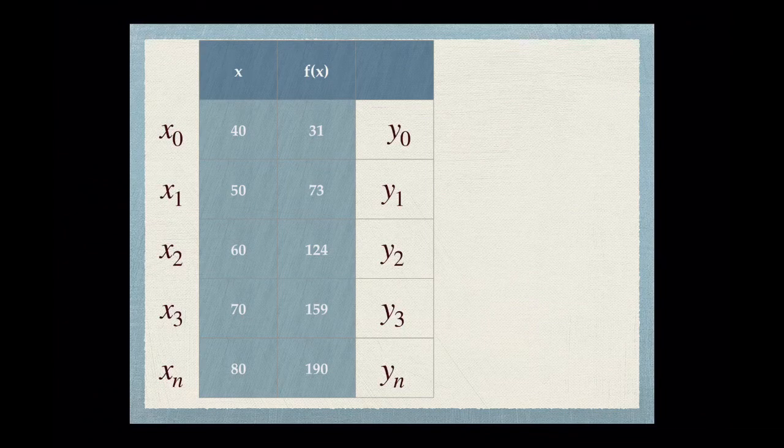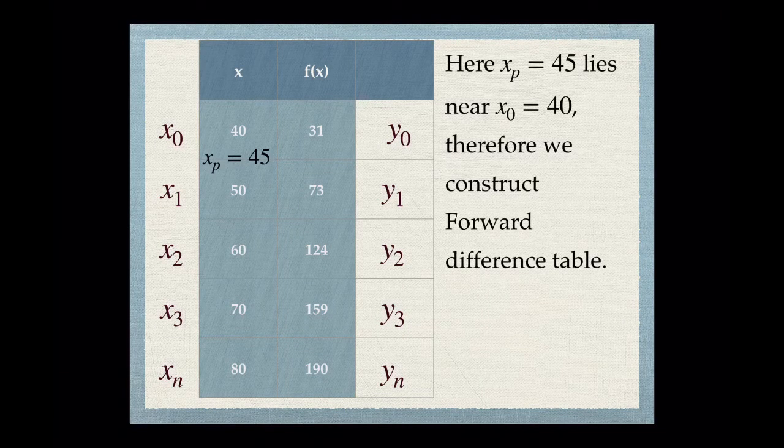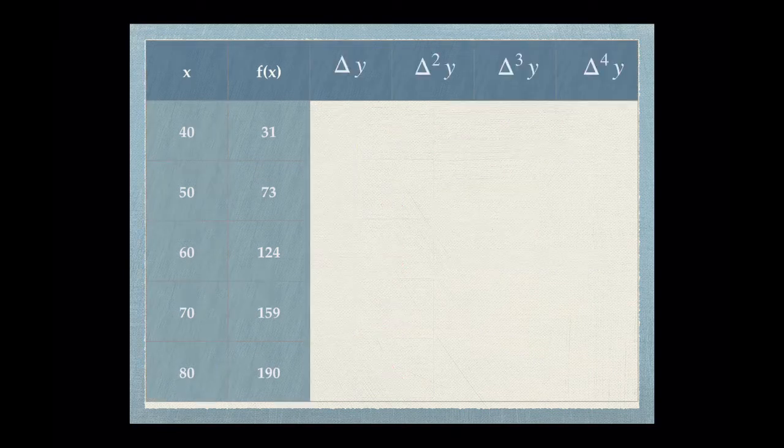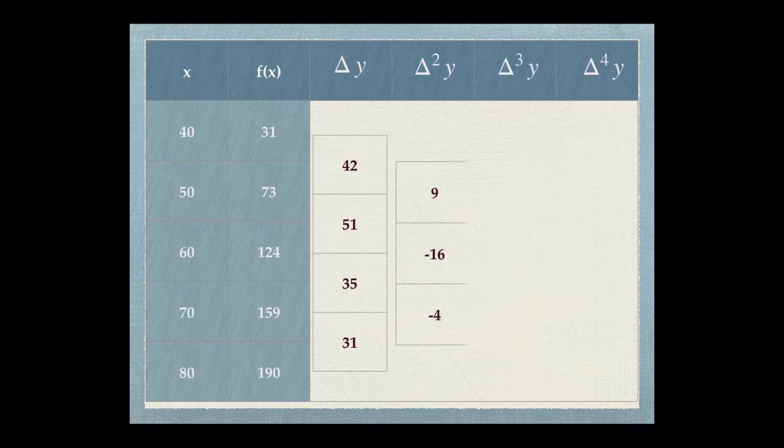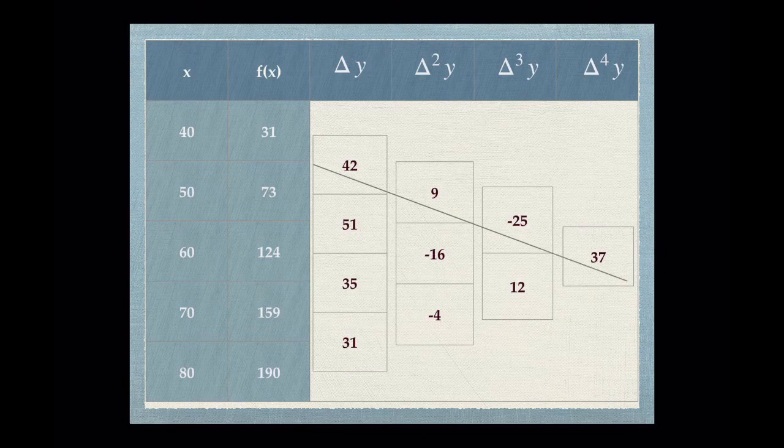So of course, our target is finding f of 45 now. Our xp value is once again near to x naught, which is 40. Therefore, we are constructing the forward difference table itself, and we are considering the same values, the first values of the forward difference table.